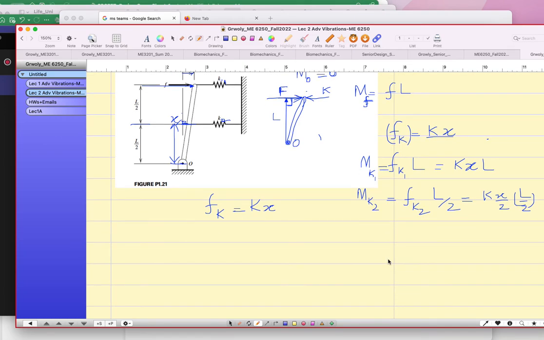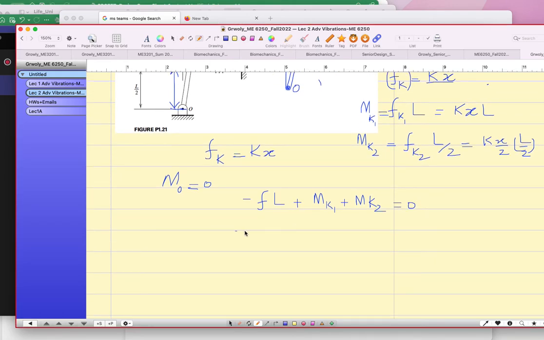So I'm going to write down all the moments, combining the net moment about position O, which is 0. So the right hand side, the negative FL, the clockwise, plus the moment of K1 plus the moment of K2, equals 0.